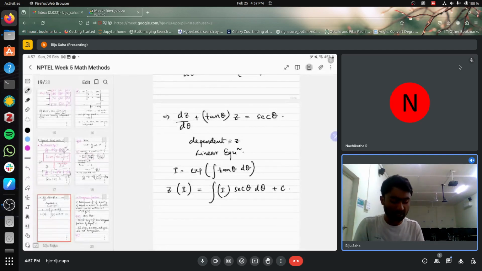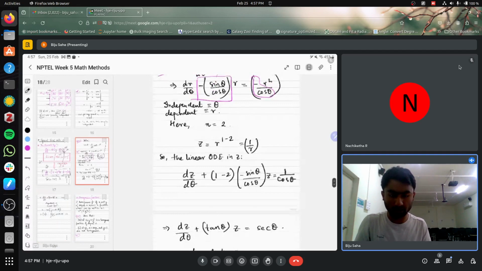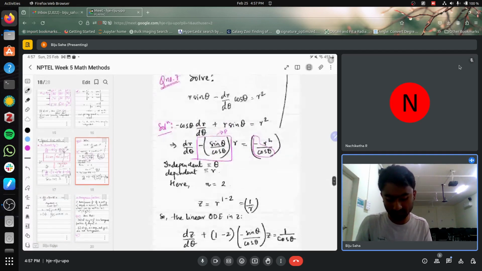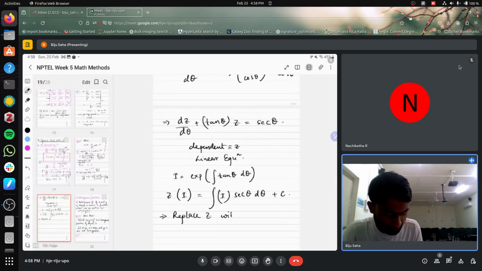So this is a solution for z. But remember, my z was equal to 1 by r. Ultimately, your equation is in terms of r. So replace your z with 1 by r. In the very last step, replace z with 1 by r.